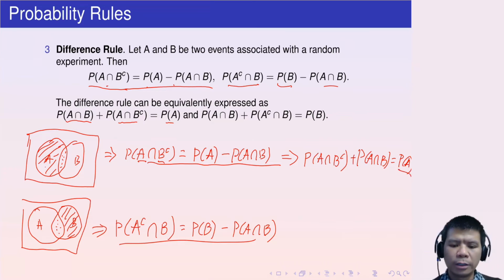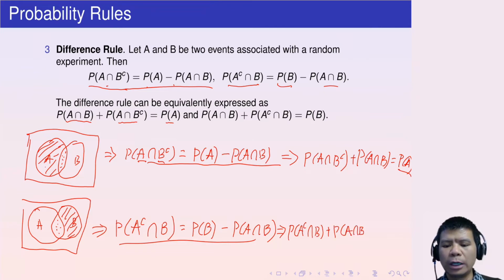Similarly here, probability of A complement intersect B plus probability of A intersect B gives you probability of B. So the dotted area plus the shaded area is the area B.